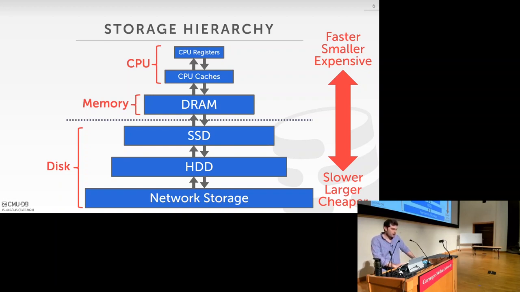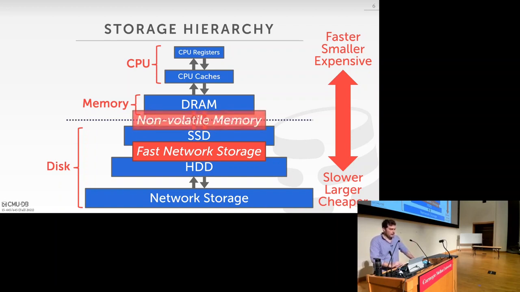There are other storage modalities. For example, if you have fast network storage, we're not really going to be too concerned with that. There's this other layer that sits in between DRAM and what you would consider persistent storage, called non-volatile memory. The marketing people decided it would be better to call it persistent memory, so you might see that now.